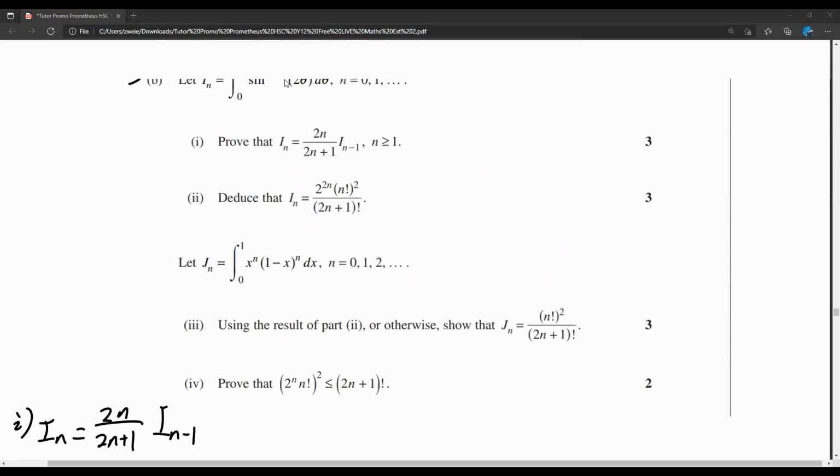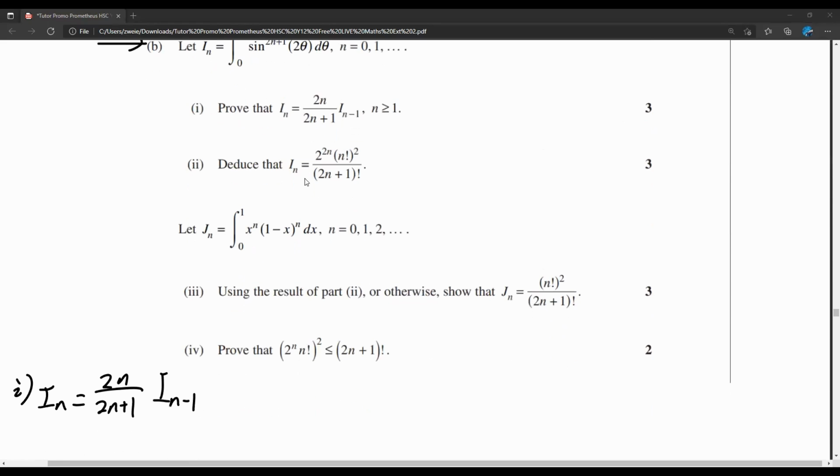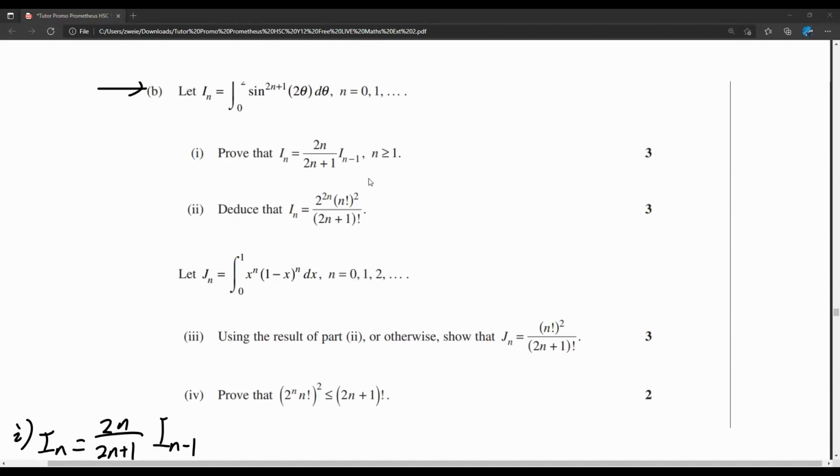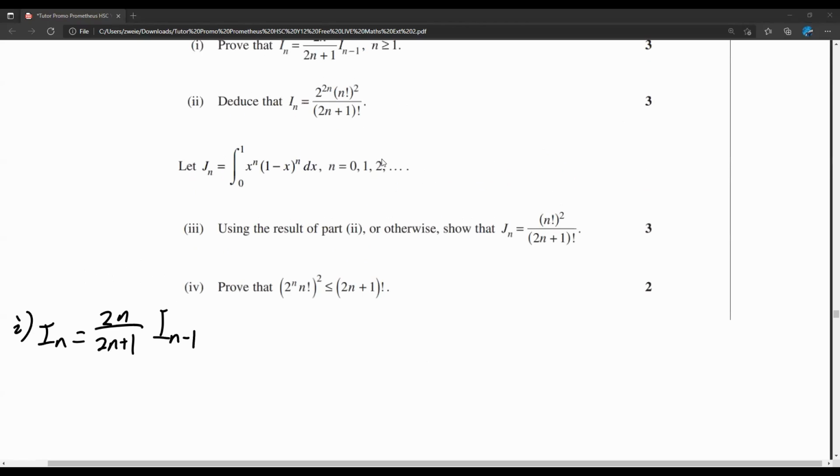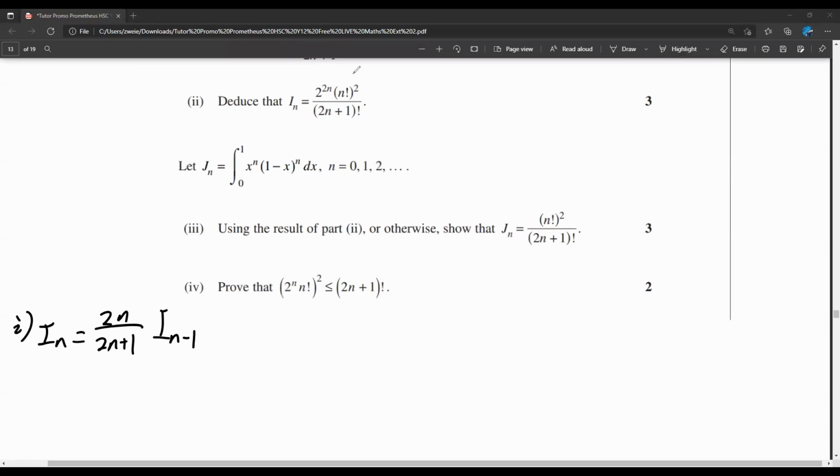Okay, so now for part 2, it says deduce that In is equal to 2 to the power of 2n, n factorial squared over 2n plus 1 factorial. Okay, so let me just write part 2 down so I get more space for this.